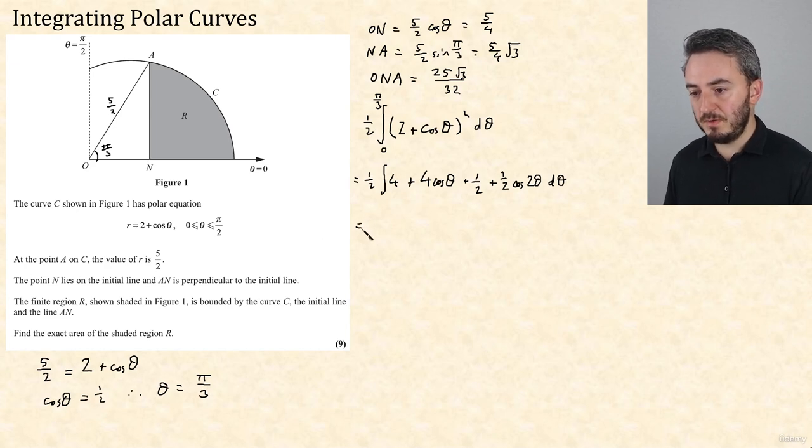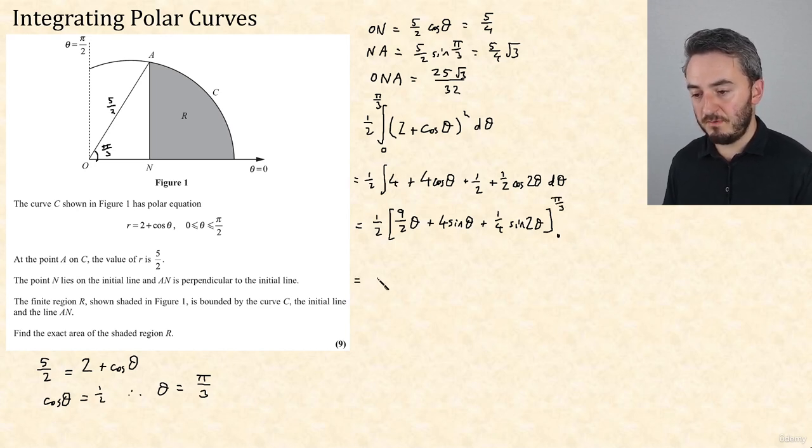I know I'll need it in that form because I'm integrating. So now I can do the integral. I've got 4 plus a half, so that's 9 over 2. So we get 9 over 2 theta. The integral of 4 cos theta is 4 sine theta. And the integral of half cos 2 theta is a quarter sine 2 theta. And that's all happening between 0 and pi over 3.